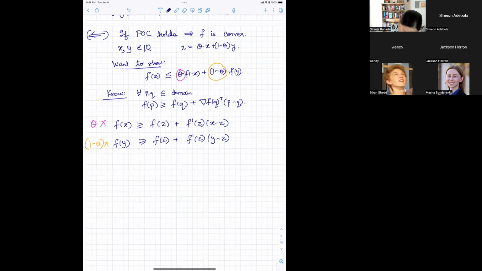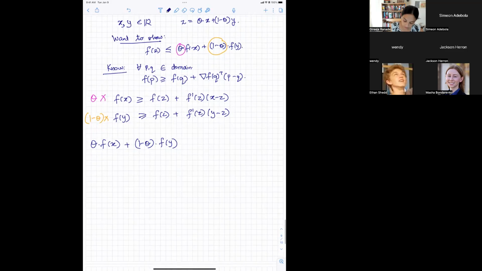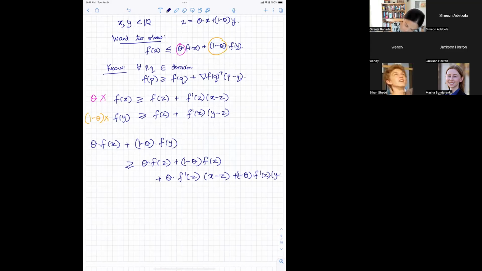And what that gives me is that theta times f of x, if I just add them together, plus 1 minus theta times f of y is greater than or equal to theta f of z plus 1 minus theta times f of z plus theta f prime of z times x minus z plus 1 minus theta f prime of z times y minus z.